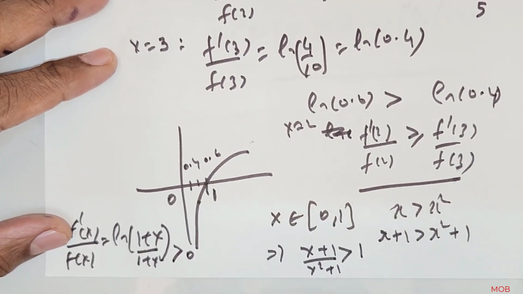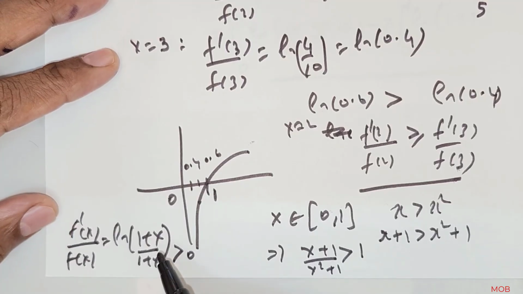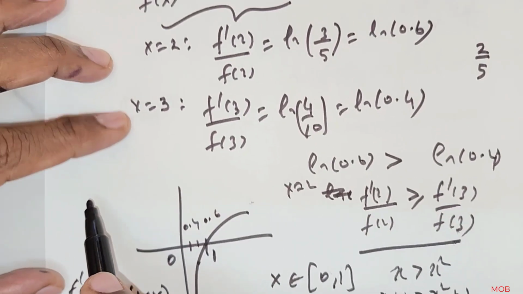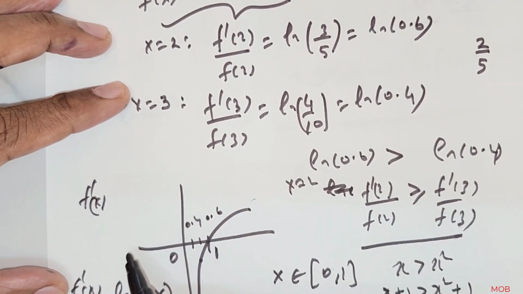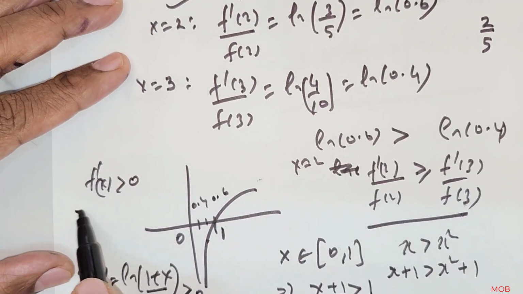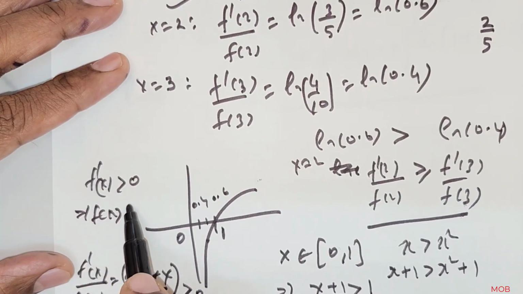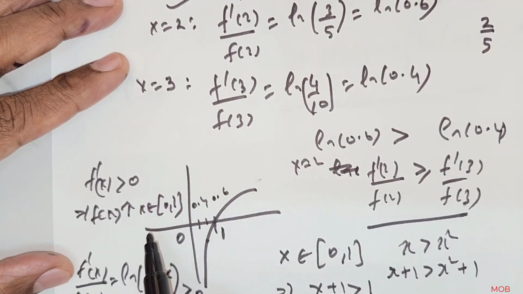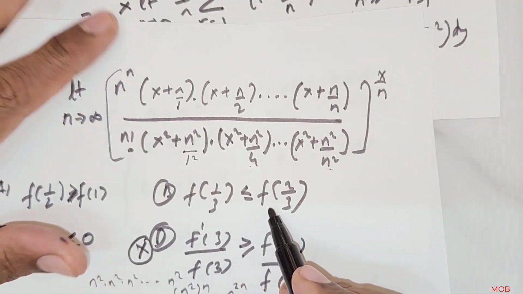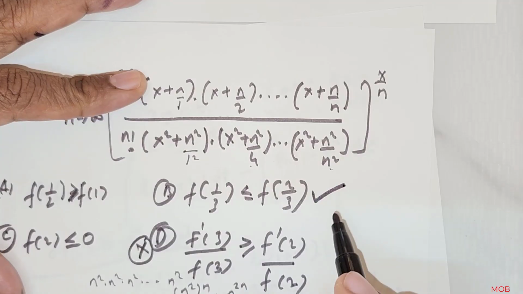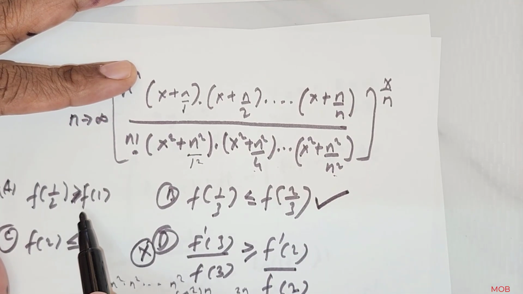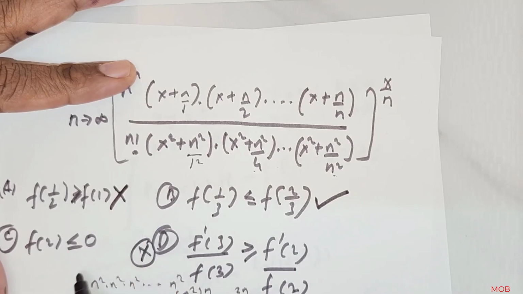That would mean we are looking at an increasing function. So f dash of x is increasing, which means f of x is increasing for x in the interval 0 to 1. So f of 1 over 3 less than or equal to f of 2 over 3 is going to be true. So if this is true, obviously the other choice cannot be true.